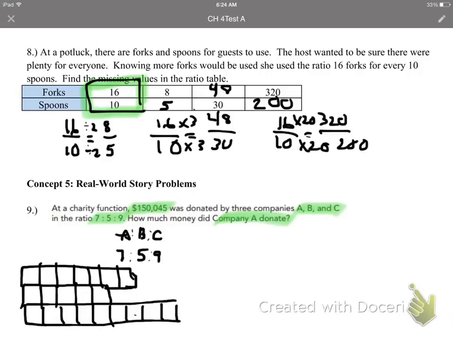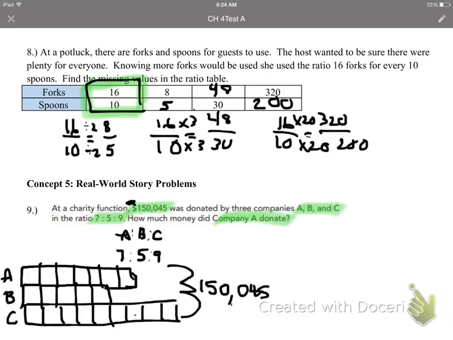And I'm going to label them so I know which is which. And I'm going to look back for this important number, and it says this is how much was raised. That makes me believe it's the total. So I have $150,045.